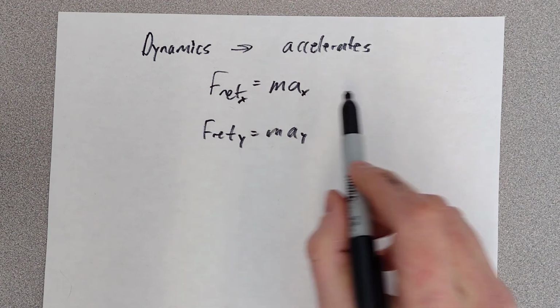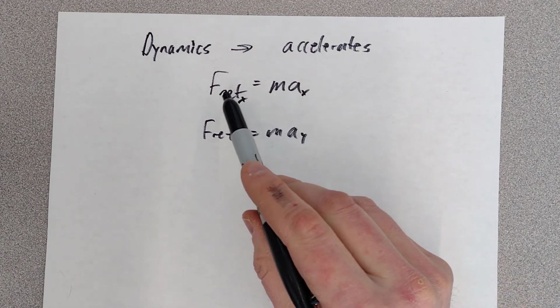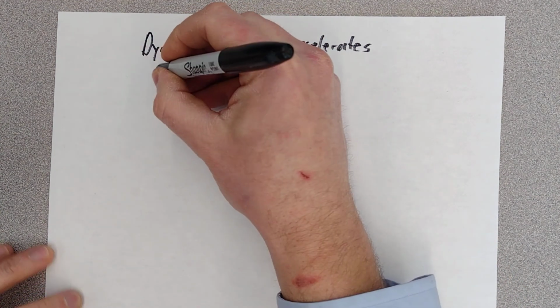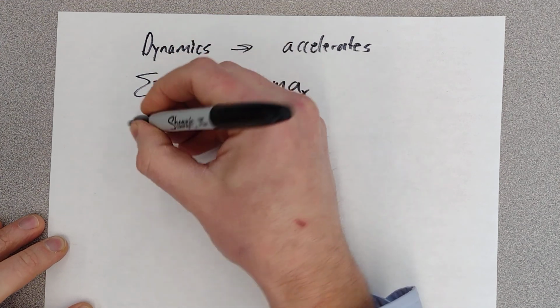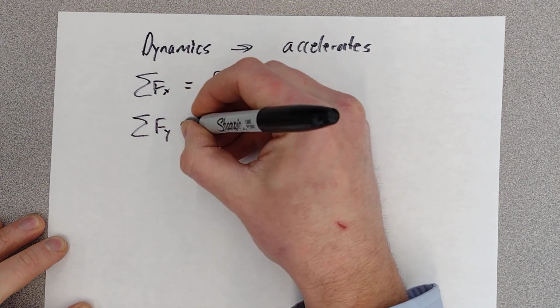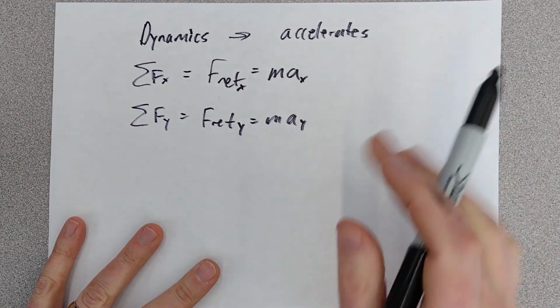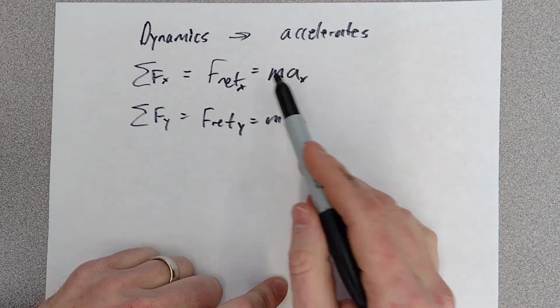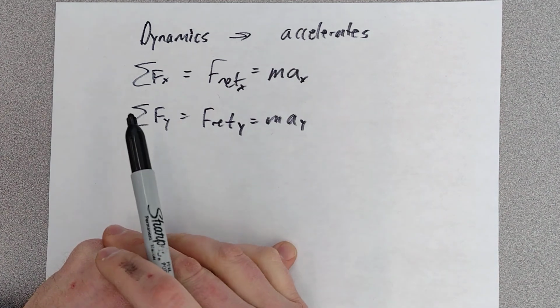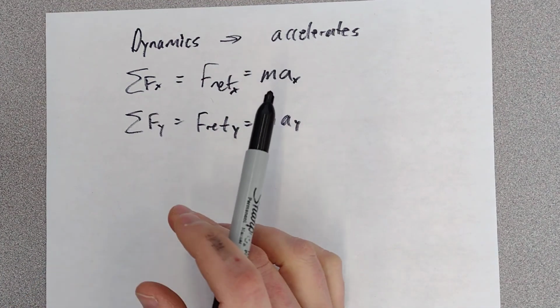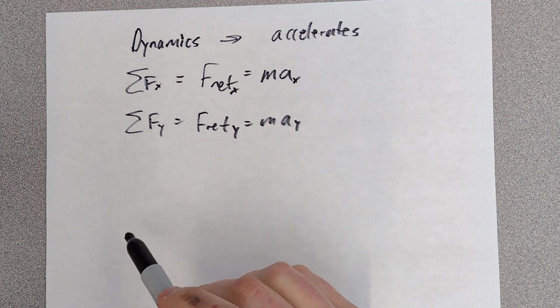Sometimes this could also be written as the sum of the forces in the x direction and the sum of the forces in the y direction equals ma. In the last unit, the right side of this equation always just equaled 0. Now we have to be a little more careful. It's not necessarily going to equal 0.